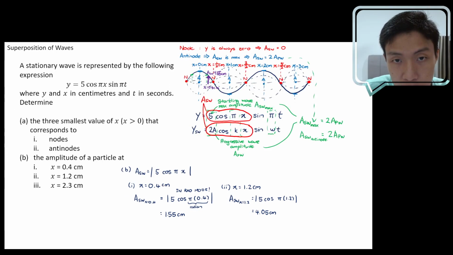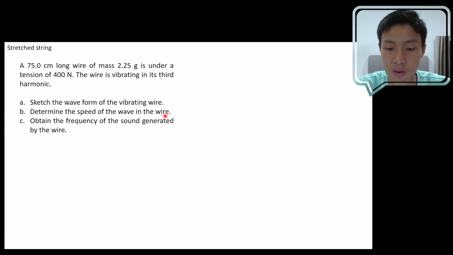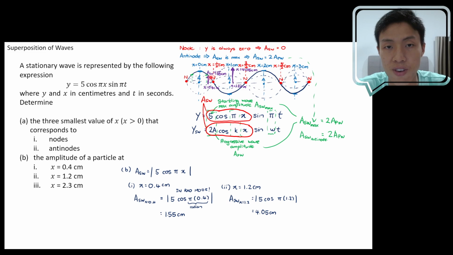If x equals 1.2 cm, it is around here, so if we go find the amplitude at this position, very likely we will find a very large value, which is 4.05 cm, much larger than the 1.55 that we see here.